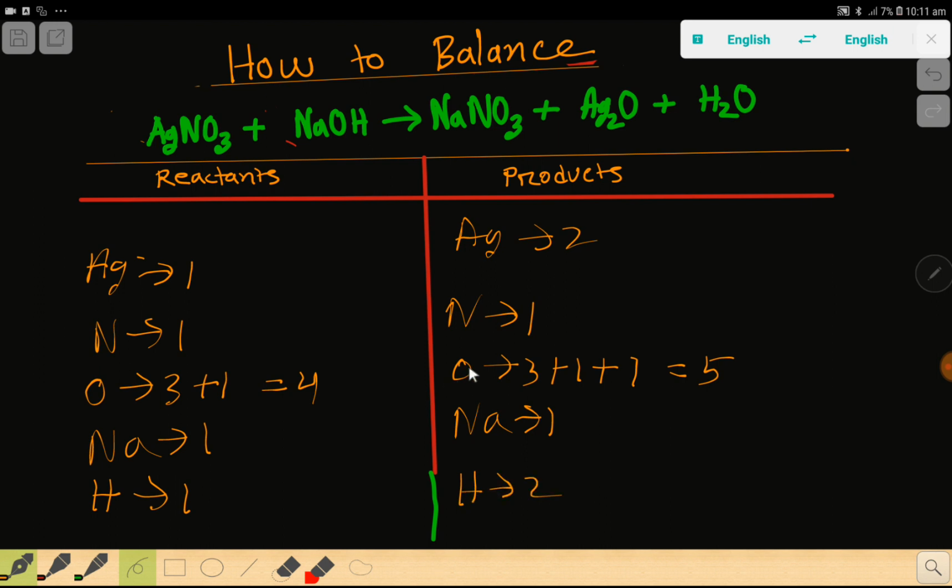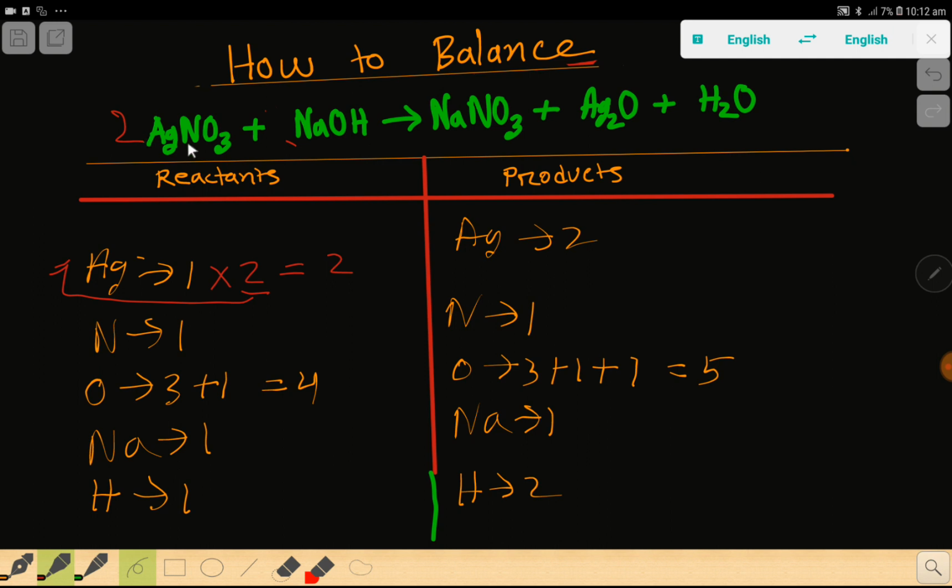So look, this oxygen has come from more than one compound, so we need to balance oxygen at last. Here silver is 2 but here 1, so to balance the silver what can you do? You can simply multiply here by 2, that gives you 2. These 2 must come before this silver. So if you place 2 here, the number of silver will be 2, already you have written.